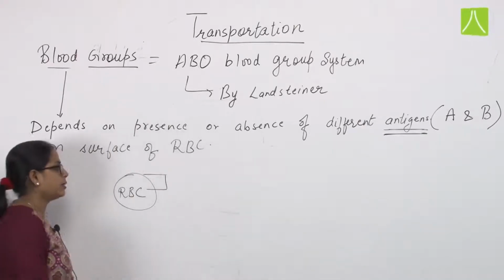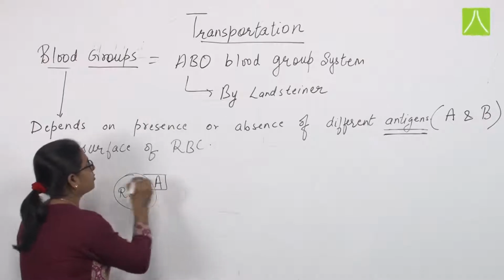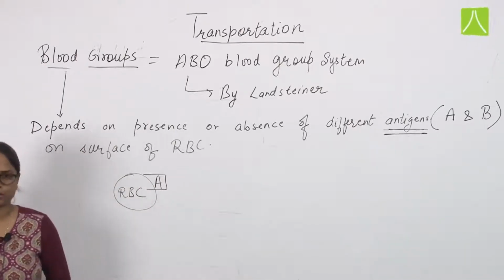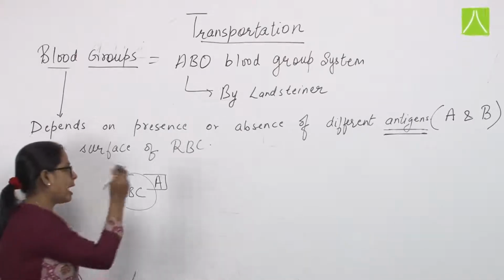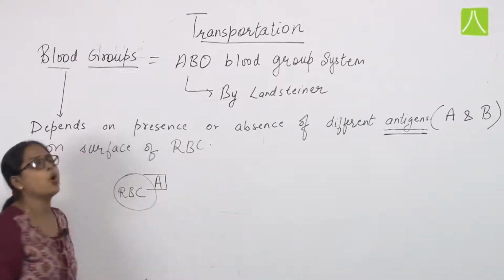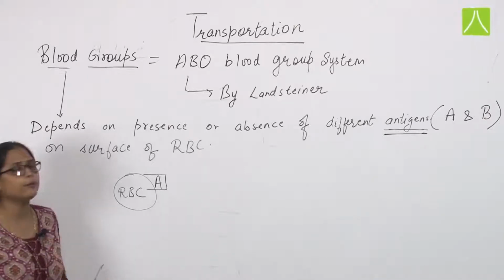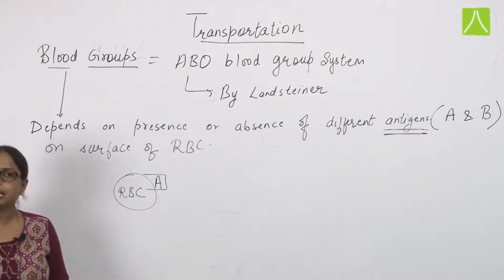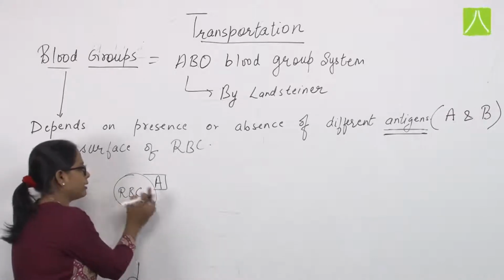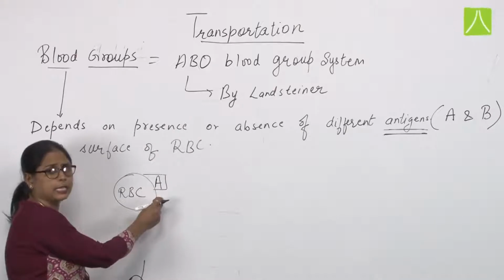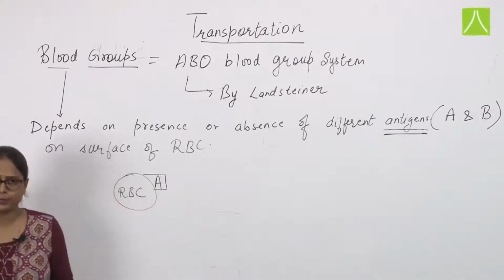What I am saying is, for example, if the A antigen is attached on the surface of RBC, that means this antigen A is attached on RBC with the help of a certain enzyme, that means a particular type of enzyme catalyzes the process of attachment of this A antigen on the surface of RBC.